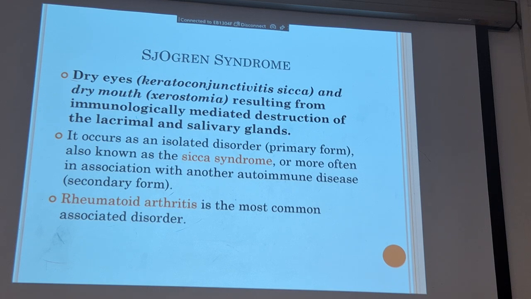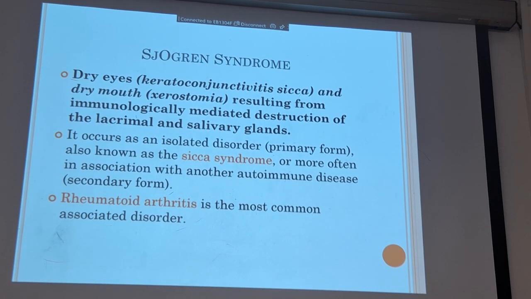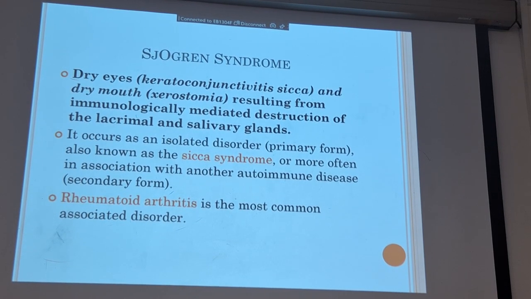DLE has almost always cutaneous manifestation, and subacute cutaneous lupus erythematosus has mild systemic symptoms, and it is something between DLE and SLE. Okay.